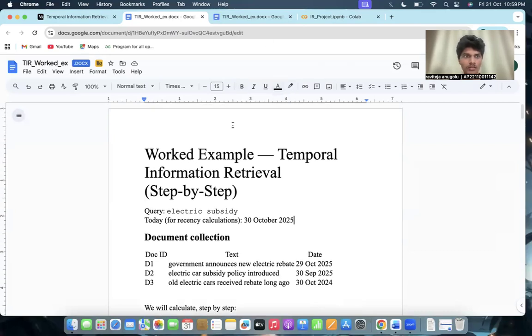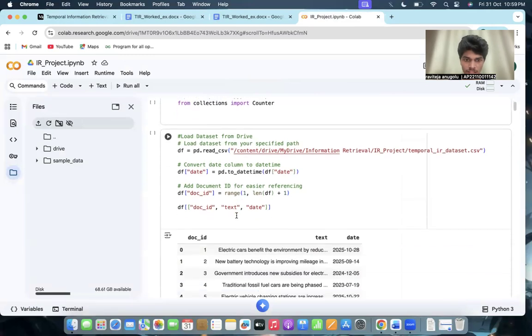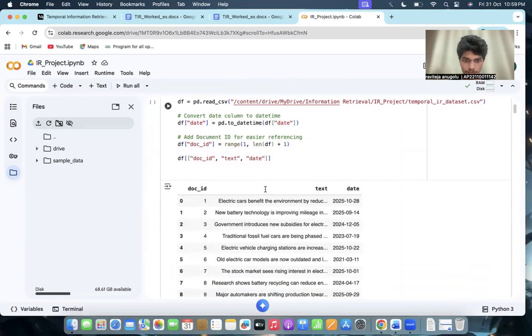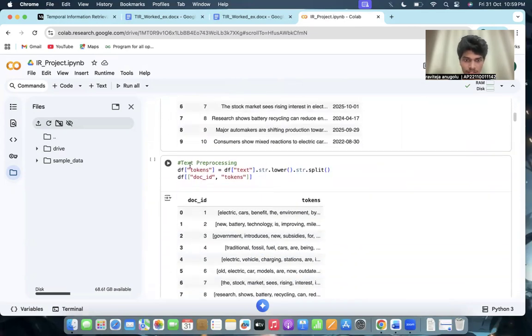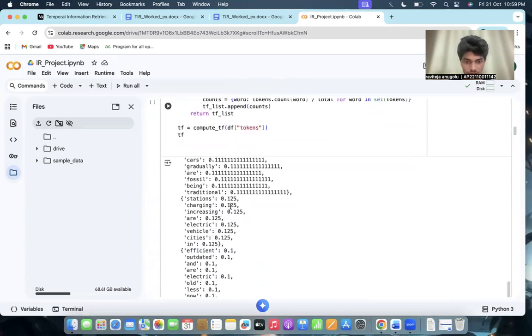Let's move on to how the code works. These are the libraries. This is how we load the dataset from the CSV file for text pre-processing and calculating TF.